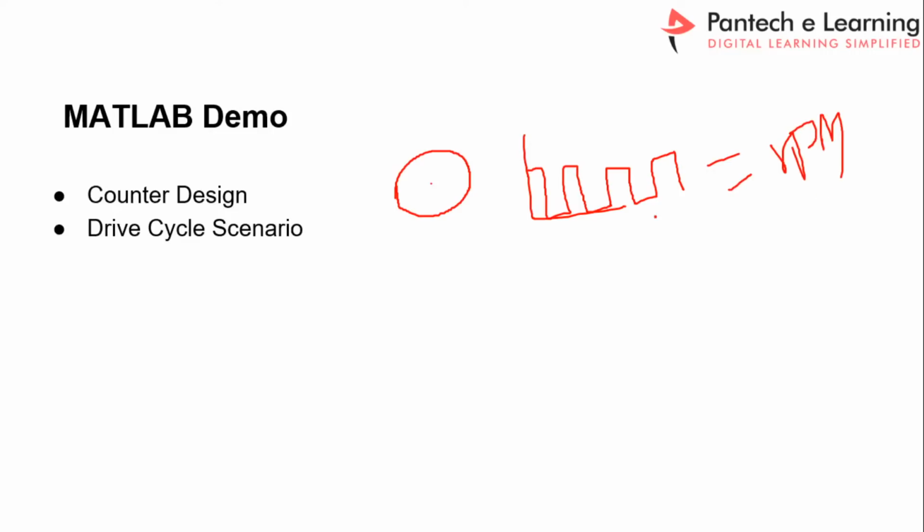Suppose you keep one sensor: for one revolution there is one positive pulse and one negative pulse. The entire pulse with its period is called one revolution, one rotation. Here we want the rotations per minute, so how long does it take?